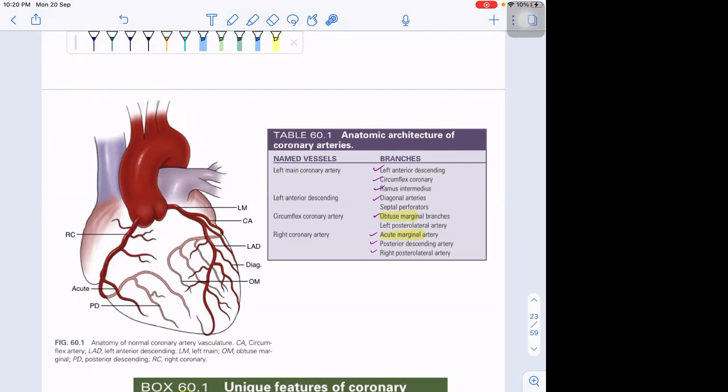Just remember: acute marginal is from the right coronary artery, obtuse marginal is from the circumflex coronary artery, and diagonal is from the LAD. They will confuse this.